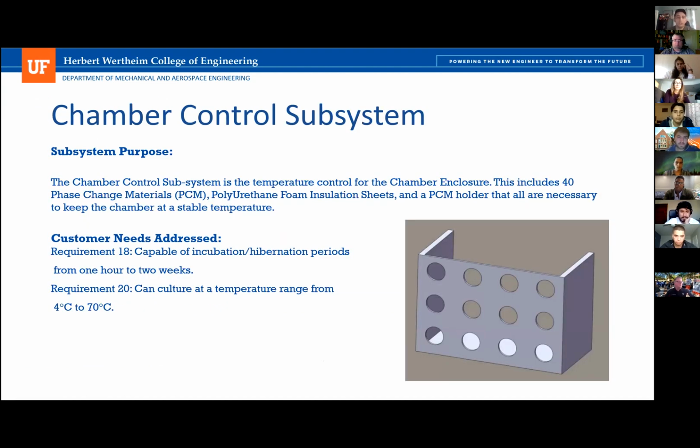Okay, so the chamber control subsystem. The purpose of this subsystem is temperature control for the chamber enclosure. This includes 40 phase change materials, also known as PCMs, the polyurethane foam insulation sheets, and a PCM holder, that all are necessary to keep the chamber at a stable temperature.